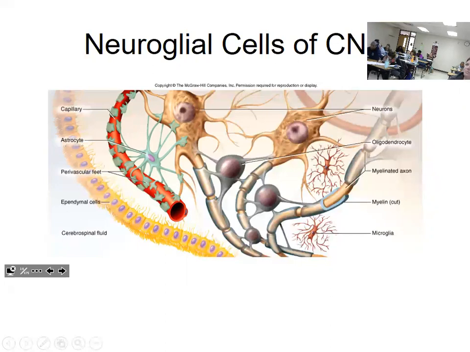I want you all to know the oligodendrocytes wrap axons of the neurons. And that wrapping, that membrane, is called myelin. M-Y-E-L-I-N. Myelin. So these oligodendrocytes are forming a myelin sheath of the axon.